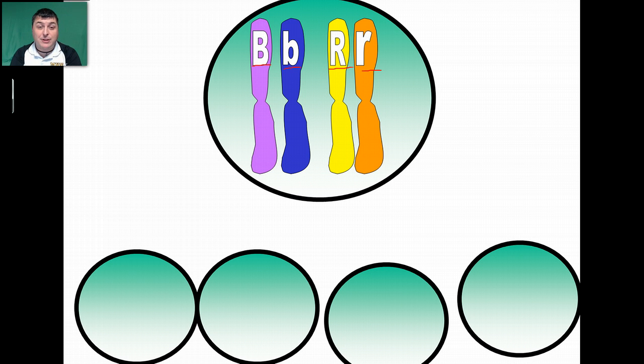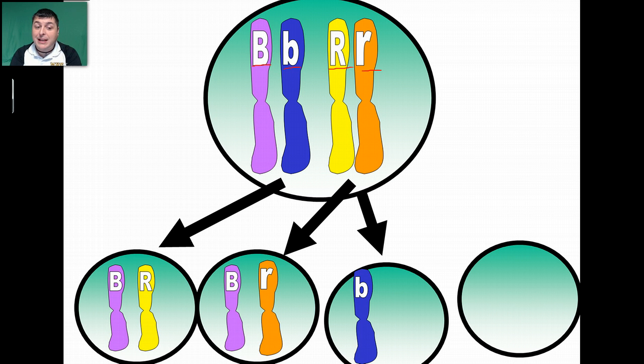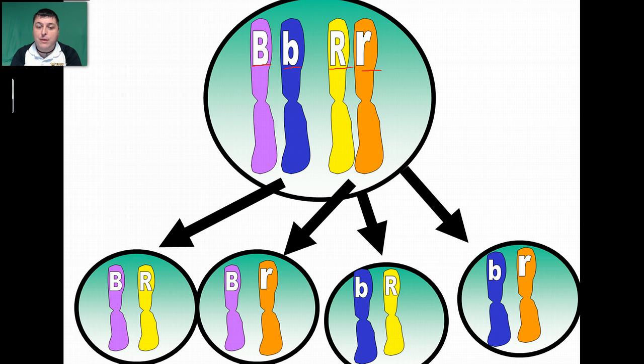Because the alleles are on separate chromosomes, when the chromosomes separate during meiosis, the large B allele can go with the capital R. The capital B can go with the lowercase r. The lowercase b can go with the capital R, or the lowercase b can go with the recessive r. And so the alleles can sort independently. They can go their separate ways.